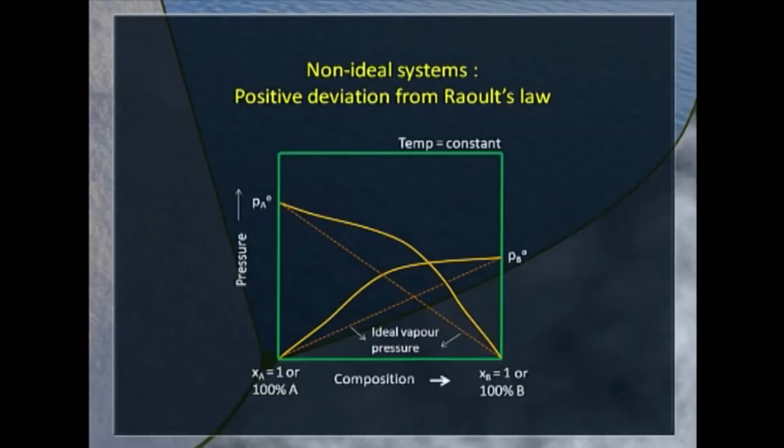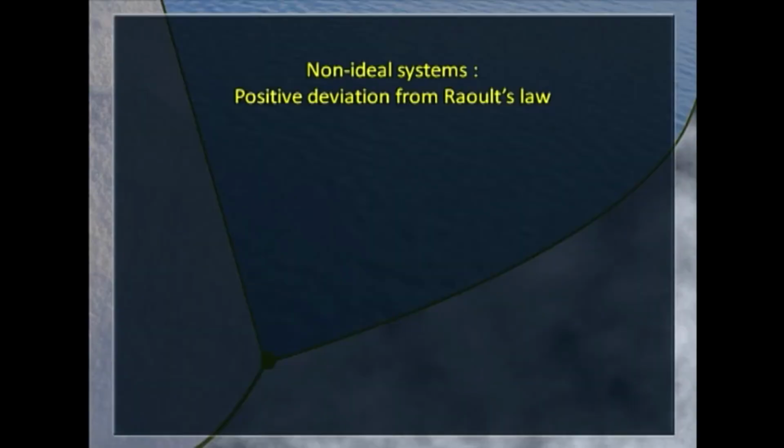A tries to push it out. Similarly, B molecules will be liking B molecules, therefore, A molecules are shunted out. Molecules are unsociable that way. If you don't like me, I don't like you. And that's exactly what is observed in the case of systems which show positive deviation.